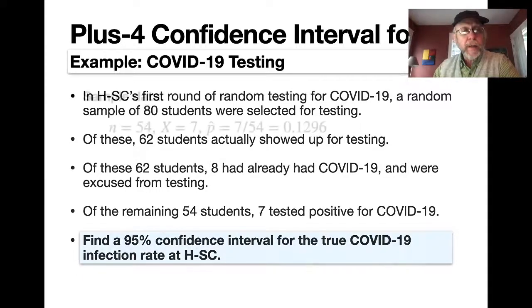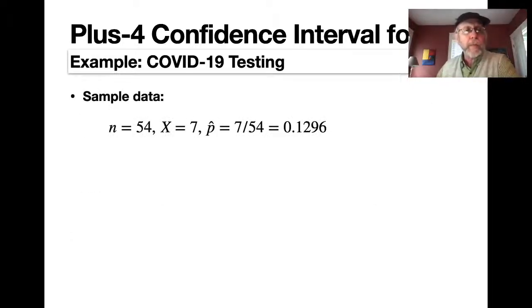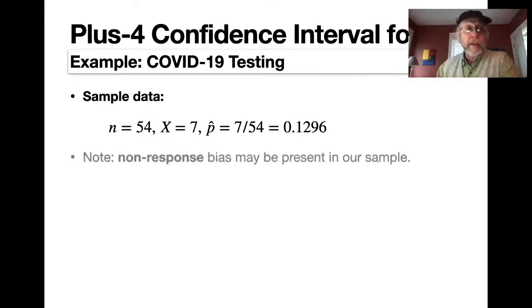So our sample data then would be those 54 who were tested. Quote unquote success would be the 7 who had COVID-19 who came back with a positive test. And that gives us a sample proportion of infected students at 12.96%. But again, we'll note that non-response bias may be present in our sample.